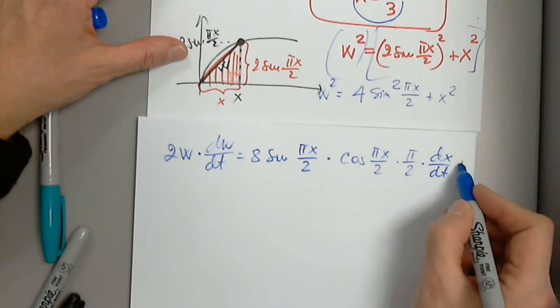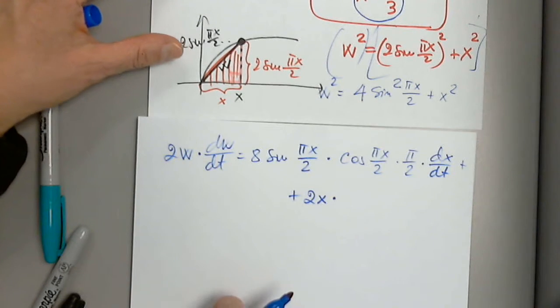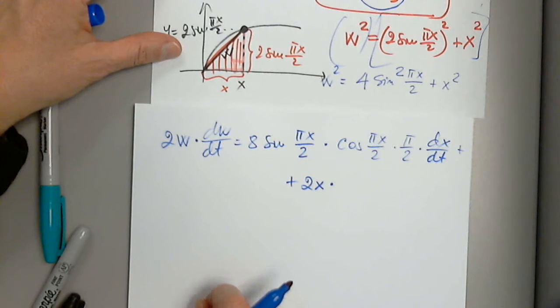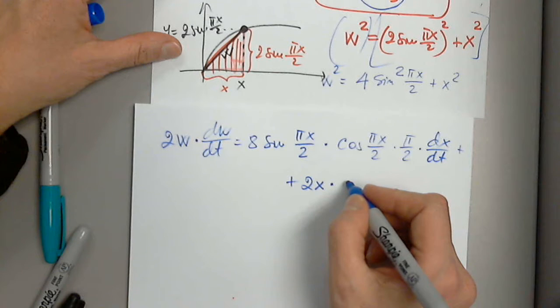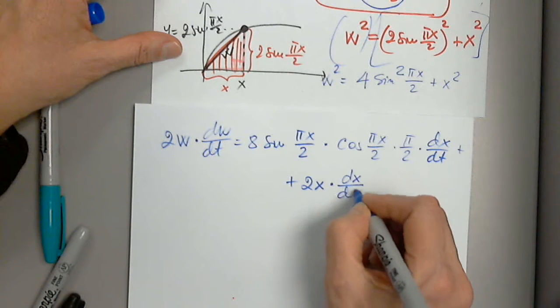Plus 2x times the derivative of the inner function, dx over dt.